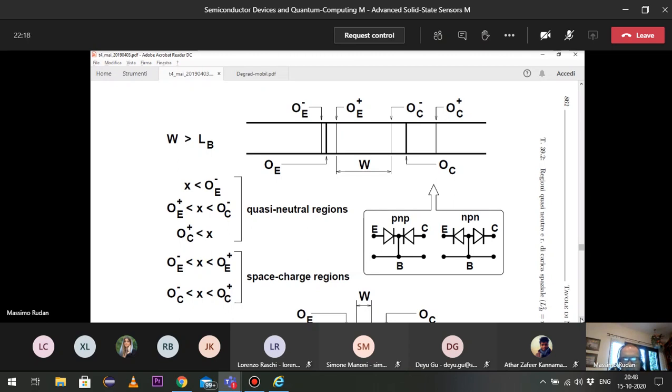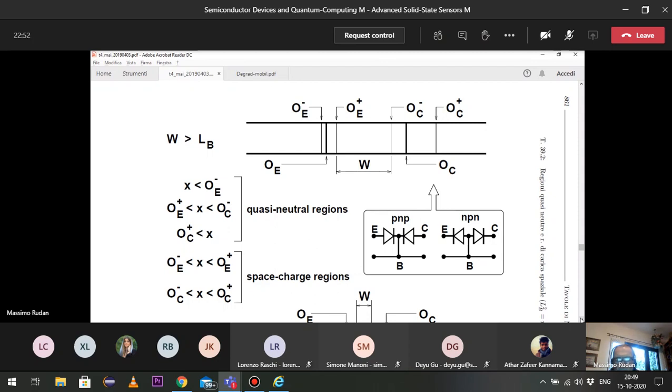In the PNP case, the transistor becomes two PN junctions in which the N regions are put together. In the other case, the NPN case, the two PN junctions have the P regions put together again to form the base region of the transistor.